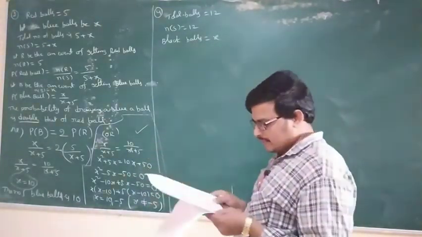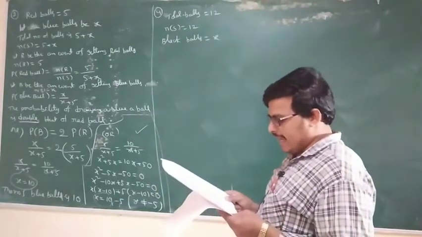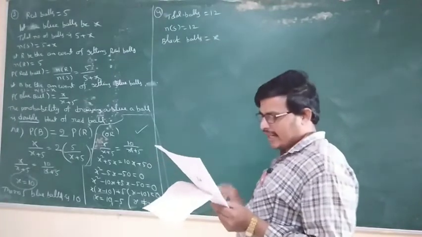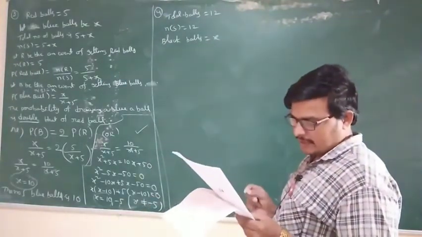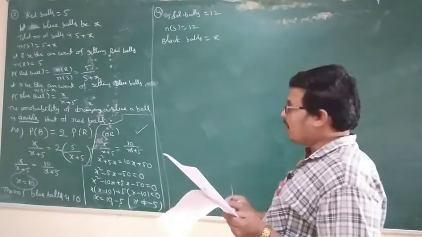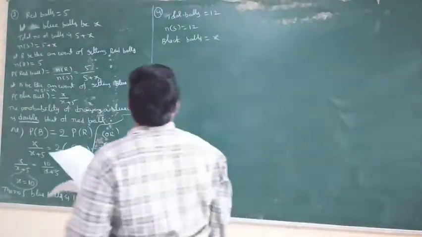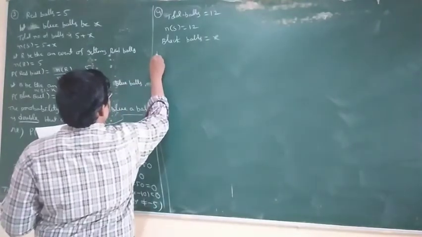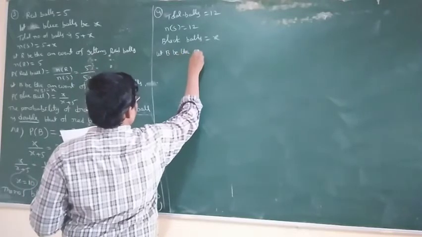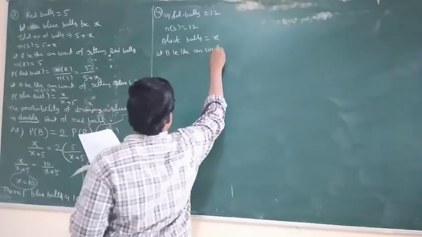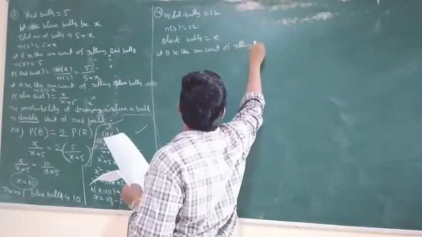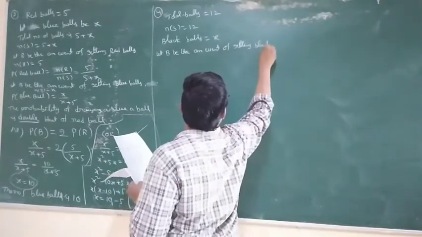If one ball is drawn at random from the box, what is the probability that it will be a black ball? So let B be an event of getting a black ball.